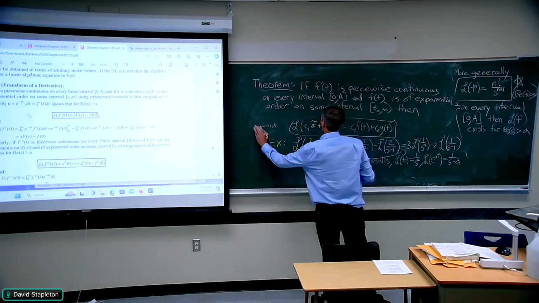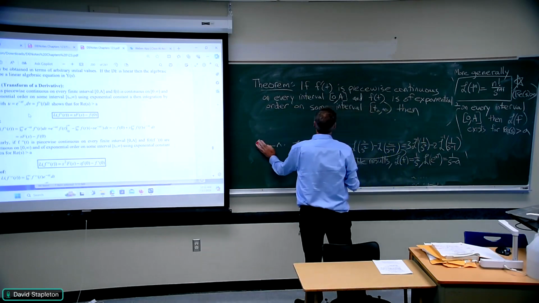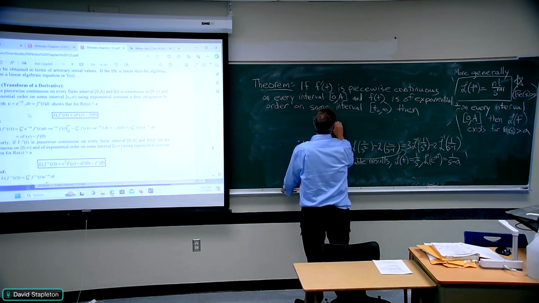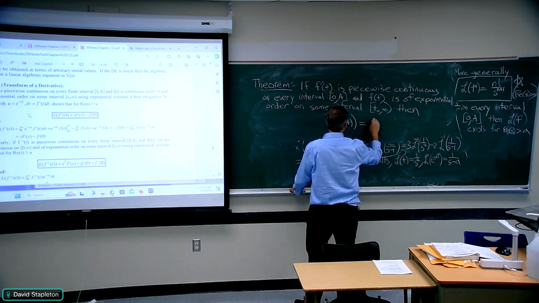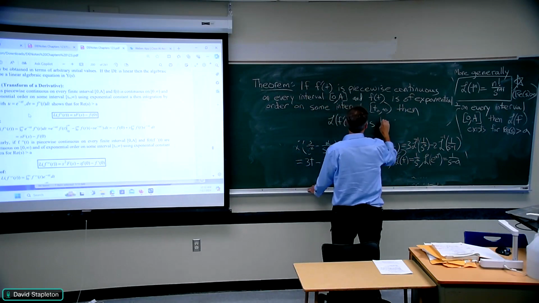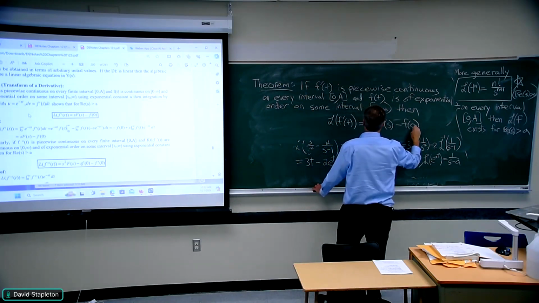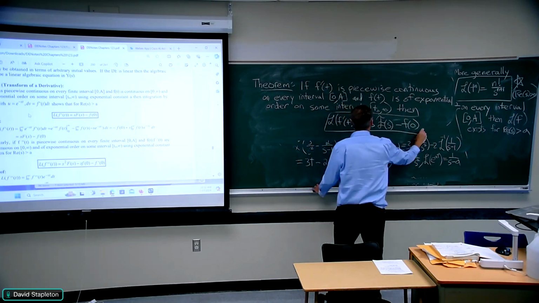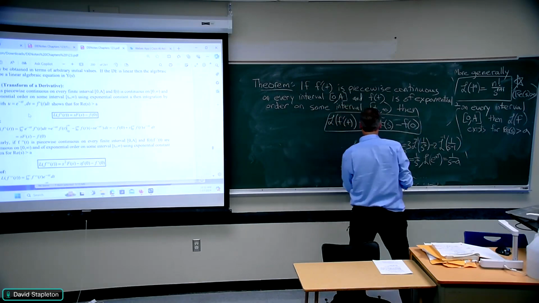Then the following result exists, which we can prove here. The Laplace transform of f prime of t, the derivative of a function, is s times the Laplace transform of f minus f of 0. So there's the theorem for the Laplace transform of a derivative.